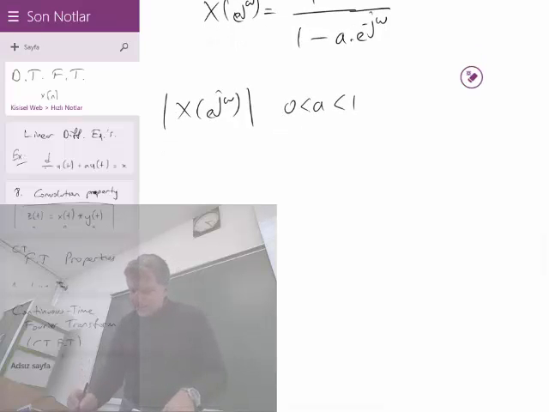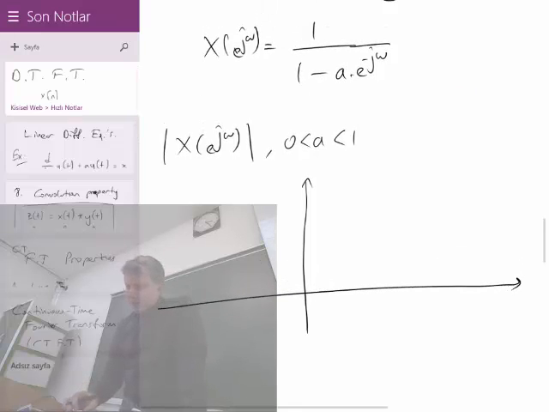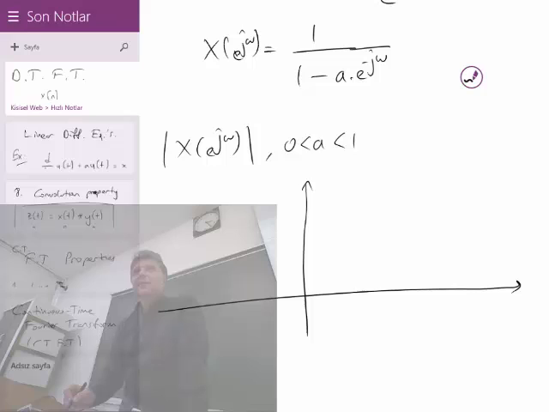If A is positive, then this shape will look like this. At omega equal to 0, let's find what the value is. When omega is equal to 0, e to the minus j omega is e to the 0, which is 1. So we will have 1 over 1 minus A. Let's assume that it's this value.